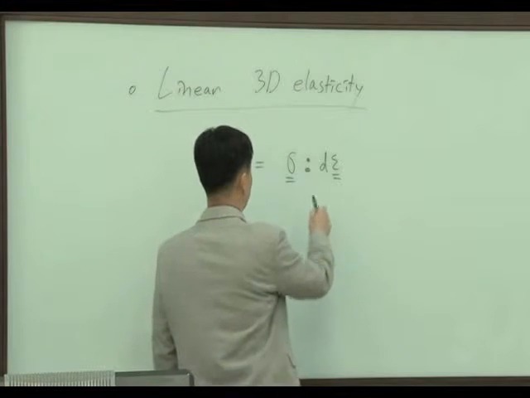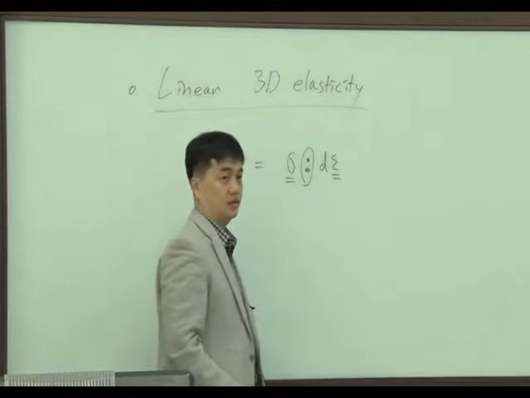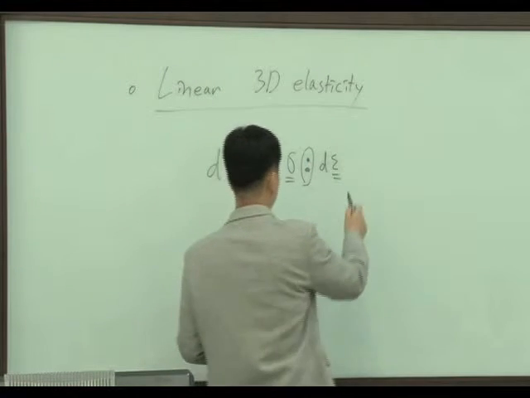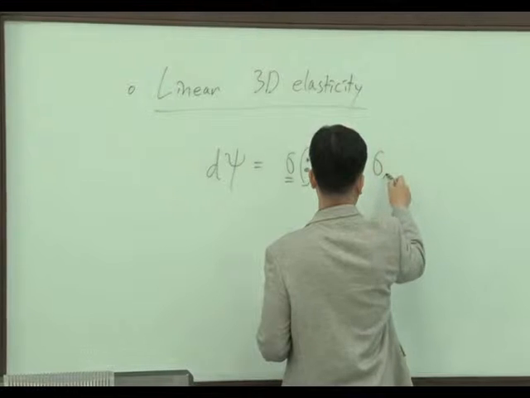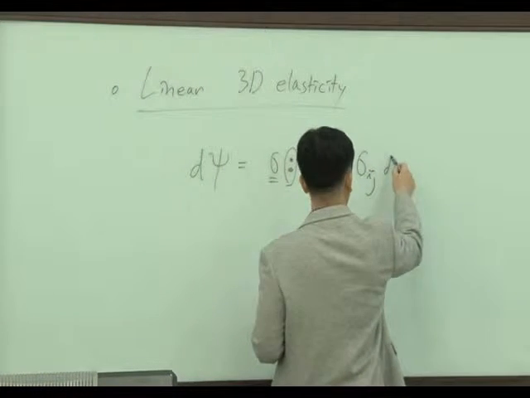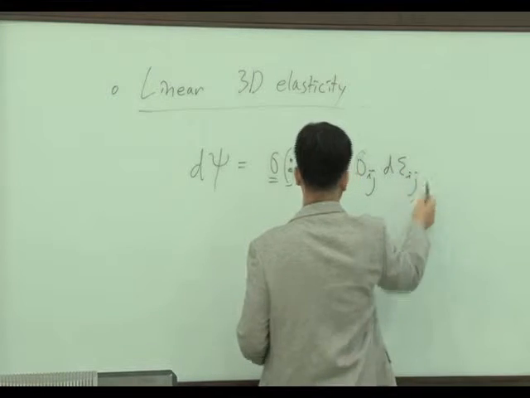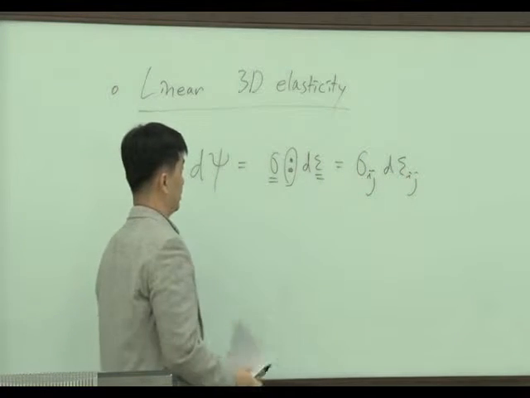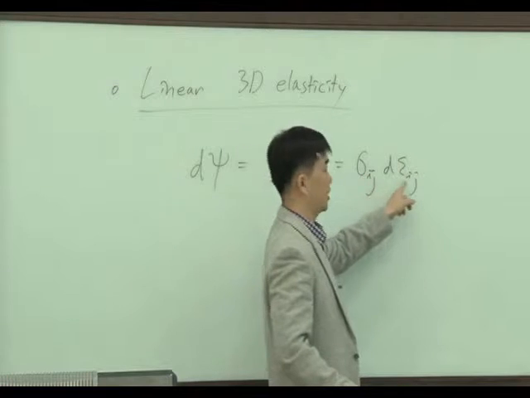And here I use a special operator. This means stress ij and d strain ij. So we have the same ij and ij.